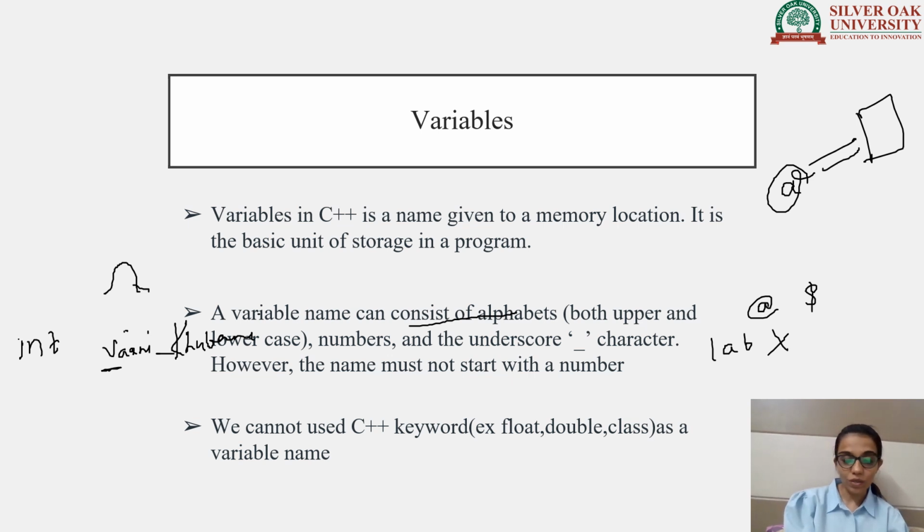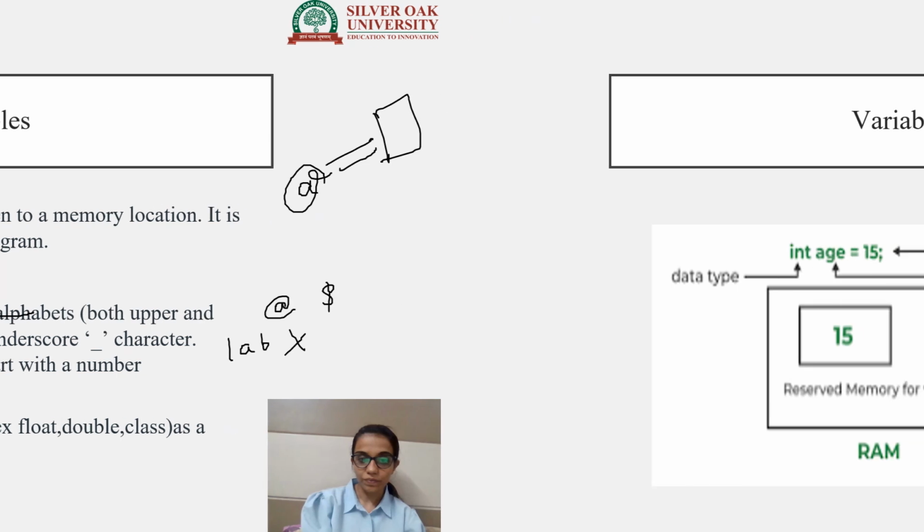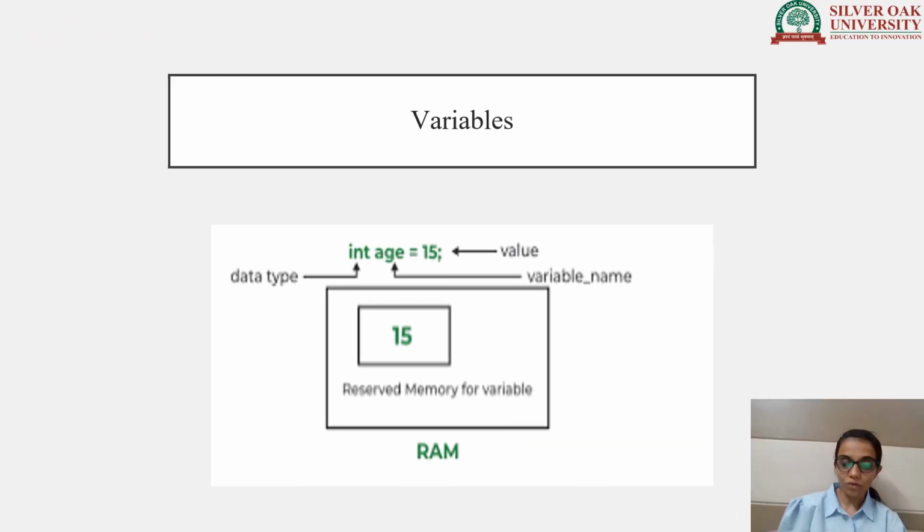Let's see the syntax of declaring a variable. This is how a variable is declared: the data type, the variable name, and the value. Now we can see that this is the reserved block for my age. Its value is 15 and its name is age.